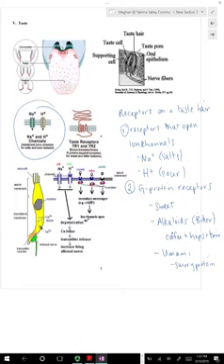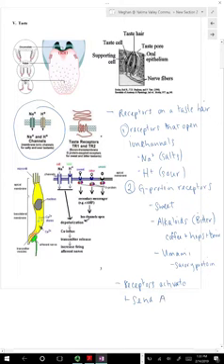Okay, so we activate these receptors. Either way, the receptors send an action potential. So I'm just going to say receptors activate and send action potential, right?